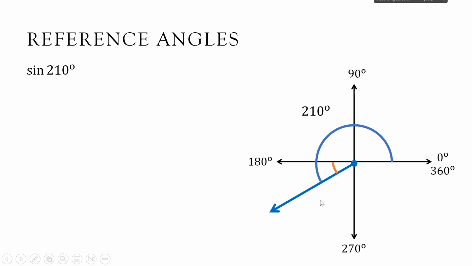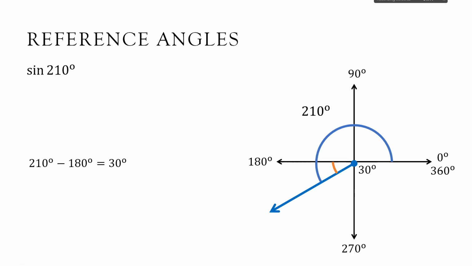Well, if I wanted to figure this out, then I could say from my start point all the way to here is 180. If I want to make it all the way to 210 degrees, then I should be going another 30 degrees. Or in other words, I can find that by saying 210 minus 180, so this whole angle minus this upper half, I'm left with 30 degrees.